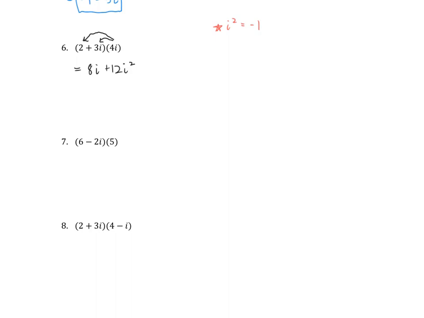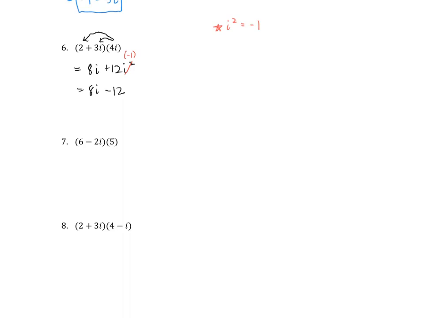So if you have an i squared, you need to know that that is the same as -1, and you need to replace the i squared with a -1. So now that becomes the real part, and you can see the 2, when we multiplied it by the 4i, became the imaginary part. So this is going to be 8i, and then 12 times -1 is -12.